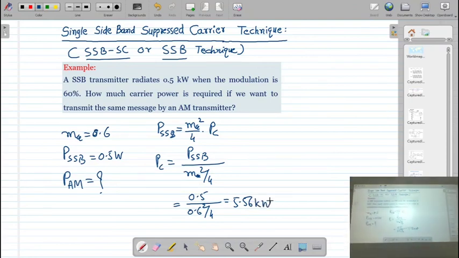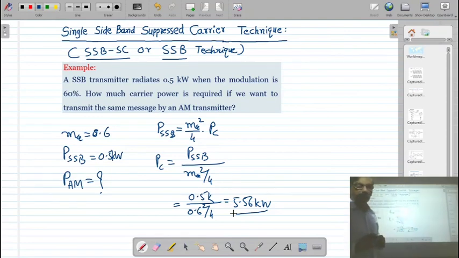Remember, this 0.5 is in kilowatt. So this is also in kilowatt. And so the carrier power is 5.56 kilowatt.